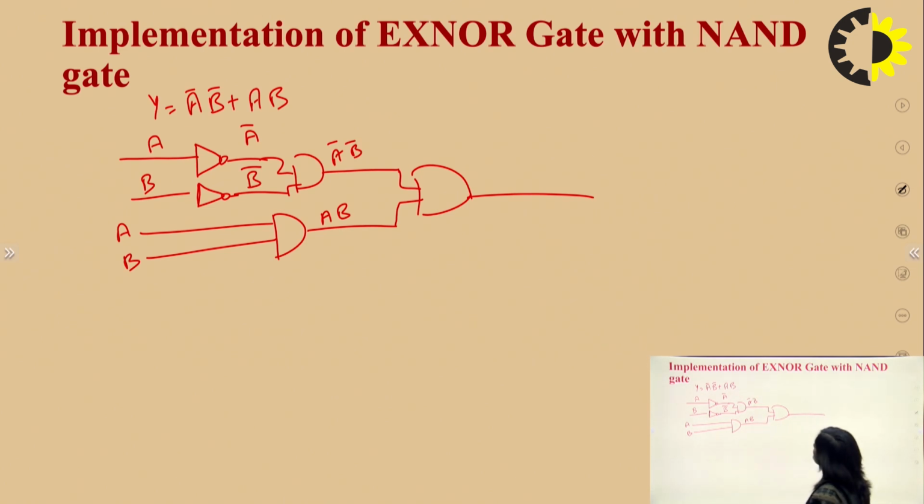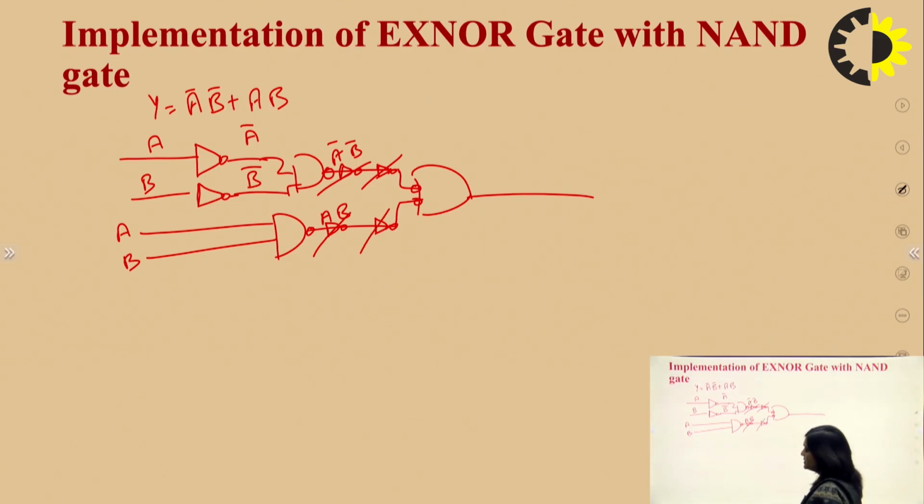Now we have to convert it with the NAND gate. So for the NAND gate, we will put a bubble at the output of the AND gate, and there will be a NOT gate also, and put a bubble at the input of the OR gate, and also a NOT gate. So now we will cut this.